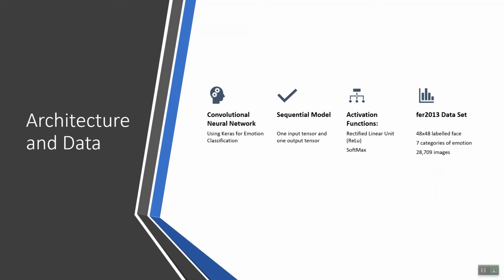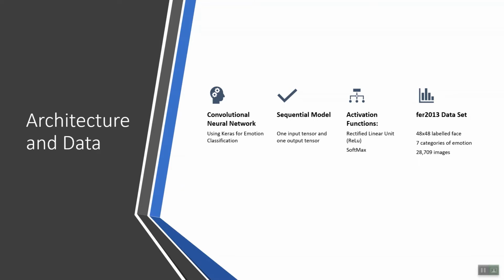Okay, so before we get into the demo and the specific code run through that I have planned, just to give you a quick overview of the architecture and data in the project. So as mentioned before, we're using OpenCV and the other libraries to create a convolutional neural network using Keras for emotion classification.